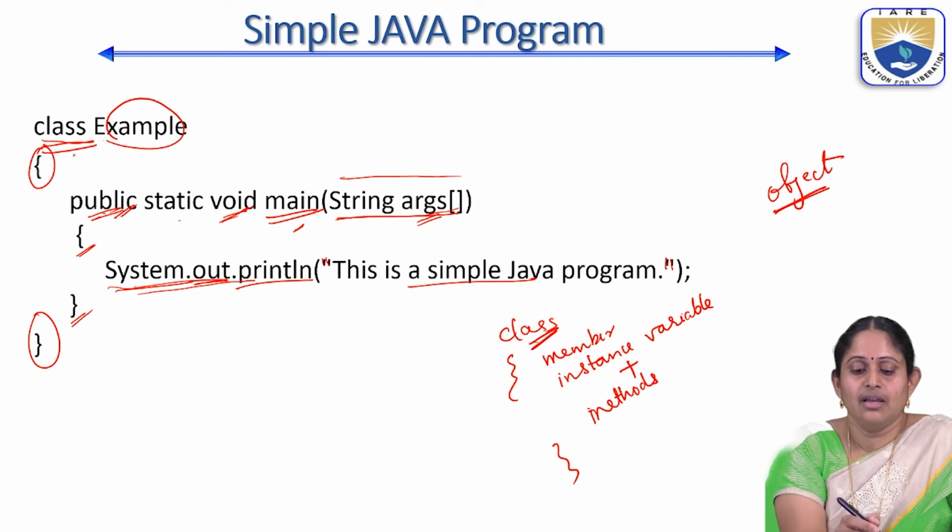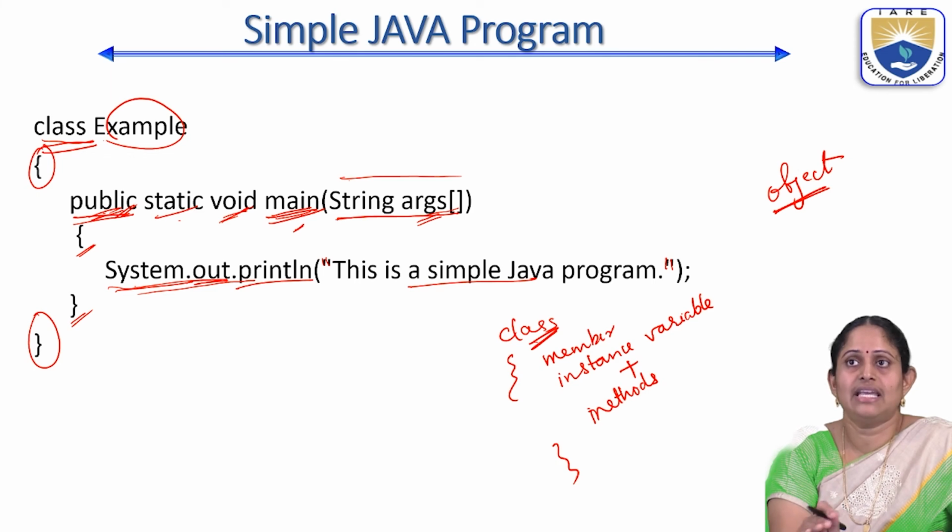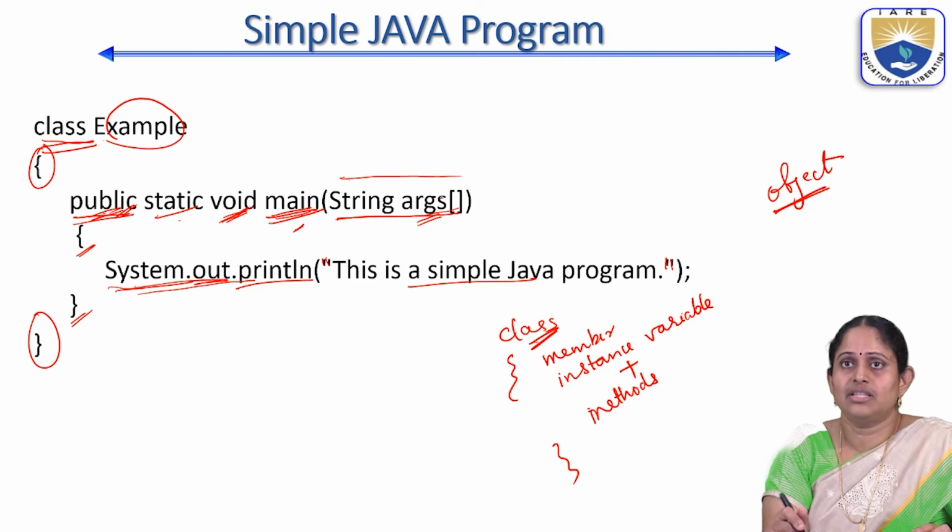Now the main method should always be defined as public, since it has to be made available to the JVM. Then it should be defined as static, because we are not creating any object for the main method. There is no return type for the main method, hence it is void. And String args is used to take up all the arguments passed through the command line.